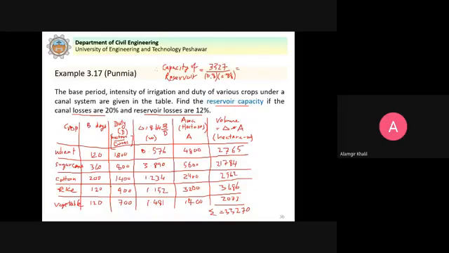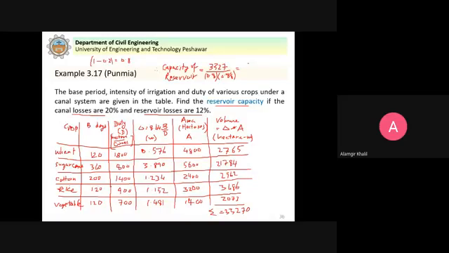Clear? You divide this by 0.8. Actually, this 0.8 comes from 1 minus 0.2, so this is equal to 0.8. So you divide this by 1 minus 0.2, or you divide it by 0.8. Similarly for the 12% losses.